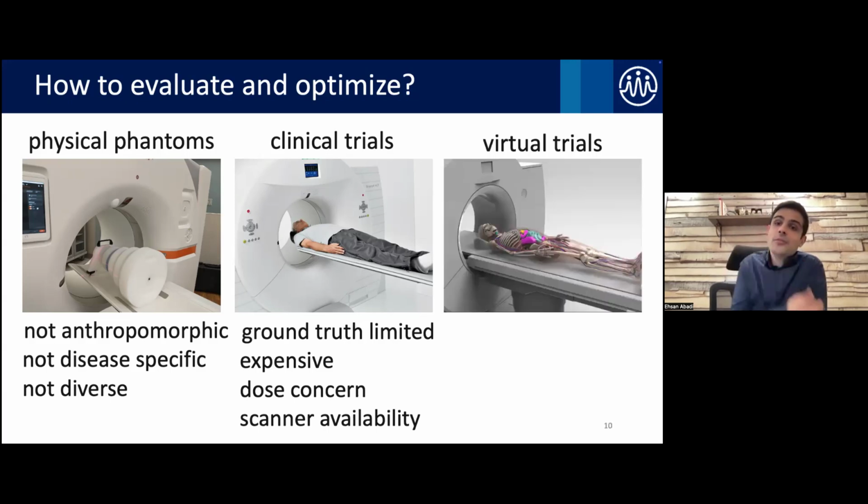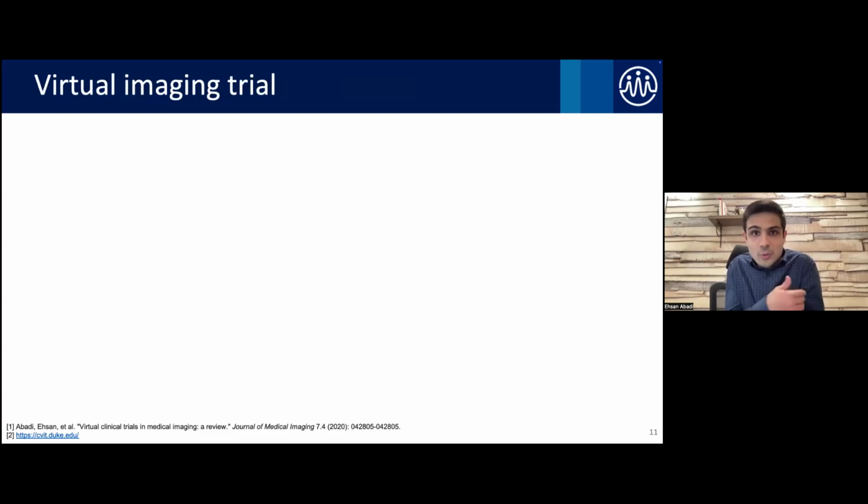So the whole idea of doing virtual trials is to facilitate this, to provide a mechanism in which you have control over providing a population of patients with anthropomorphism, with disease specificity, having it diverse, and not being worried about the ground truth or the expense or the radiation dose concern, and so forth. So what does it mean?